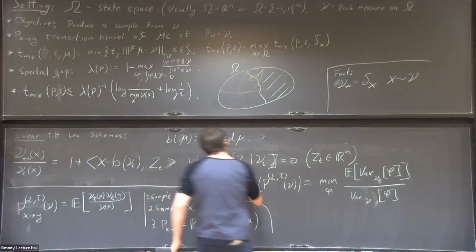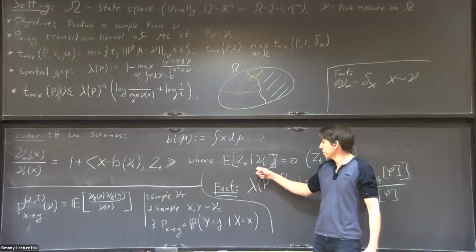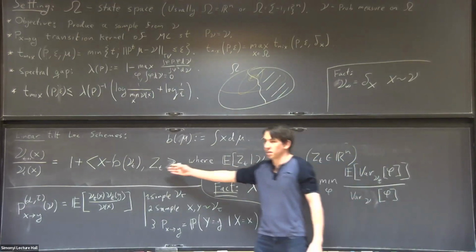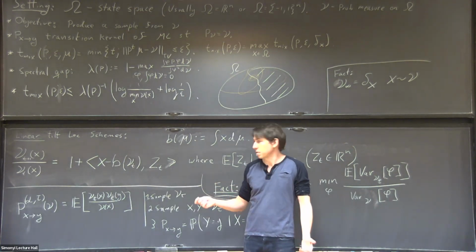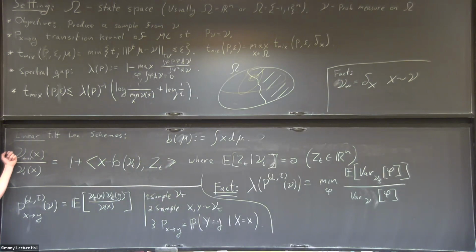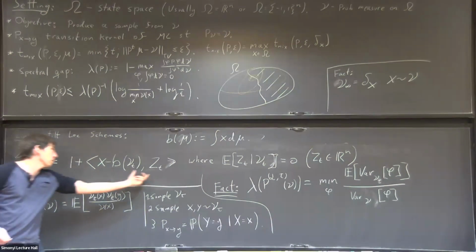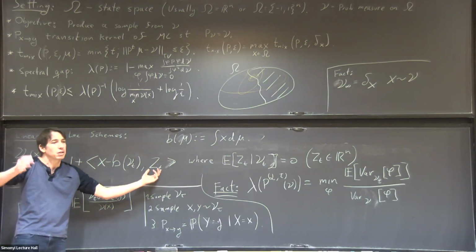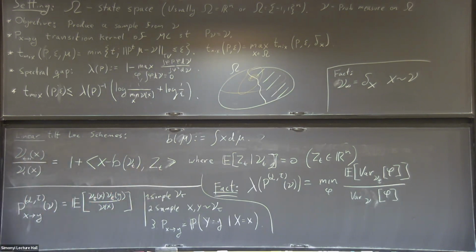Now, the fact that the expectation of zt is 0 given nu t exactly tells us that this is a martingale, because it basically just says that the expectation of this conditioned on this is 1, because the expectation of zt is just 0. And for the third property, that it converges to 0 and 1, there will be some extra condition on zt, which I don't want to discuss right now.